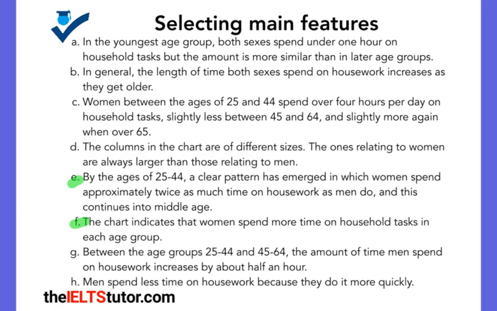But B and A focus on main details. In the youngest age group, both sexes spend under 1 hour on household tasks, but the amount is more similar than in general. The length of time both sexes spend on housework increases as they get older. It's a bit vague, to be honest.